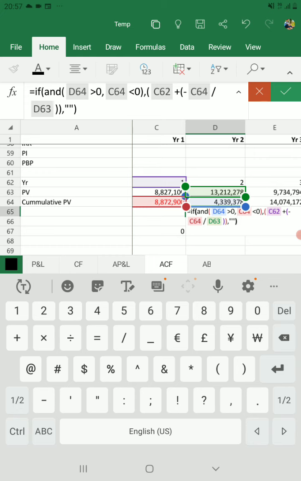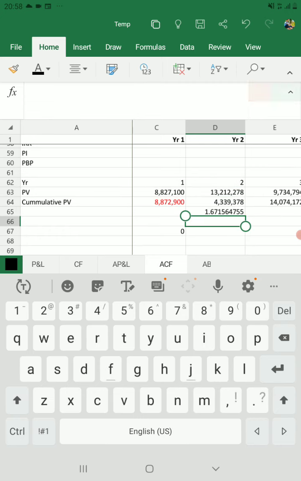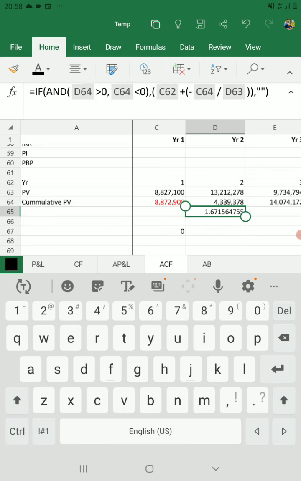So let us look at the formula bar and count the brackets to the left and to the right. They must balance. So to the left we have 1, 2, 3, 4, and to the right we have 1, 2, 3, 4. So they have balanced. So check OK. This formula is going to be true throughout our projection period.